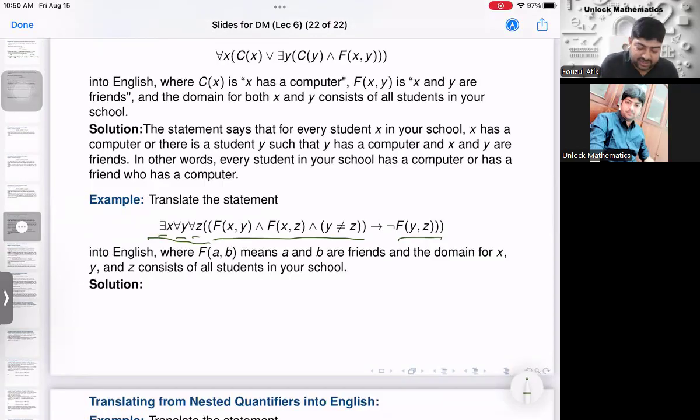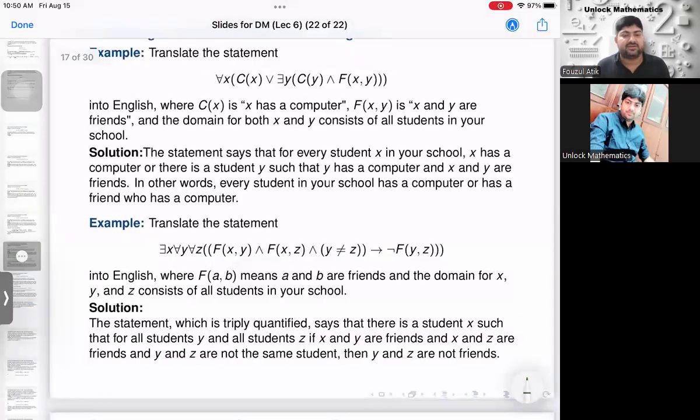So there exists a student x in your school for which, for every student y and every student z, if x and y are friends, x and z are friends, and y and z are different students, then it will imply that y and z are not friends. This is what it says, right?